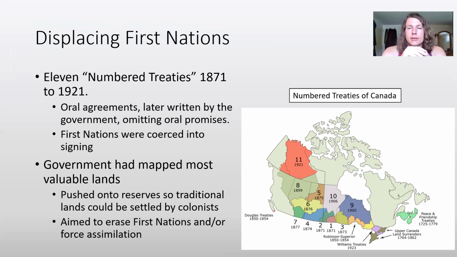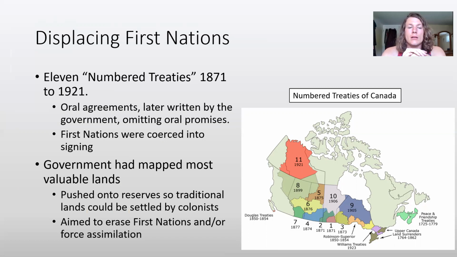These are oral agreements between the government and First Nations that were later written down by the government, often excluding some portions of the agreement that were verbally made, omitting oral promises, and inserting other bits of information that were left out entirely. And generally speaking, the First Nations peoples were coerced or forced into signing these documents, oftentimes forced to do so by the RCMP.